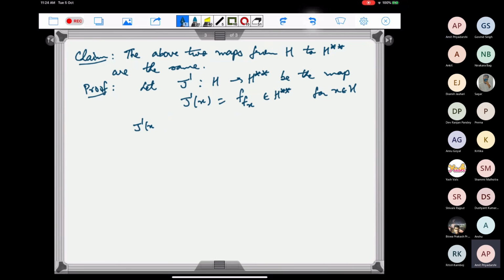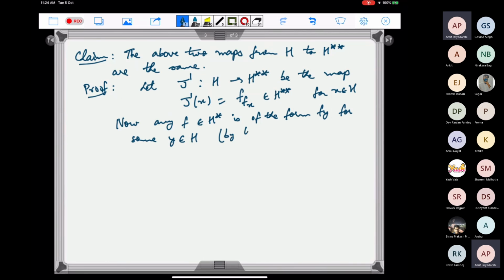So again, let me write, any f belonging to H star is of the form f sub y for some y belonging to H. This is again by the Riesz representation theorem.